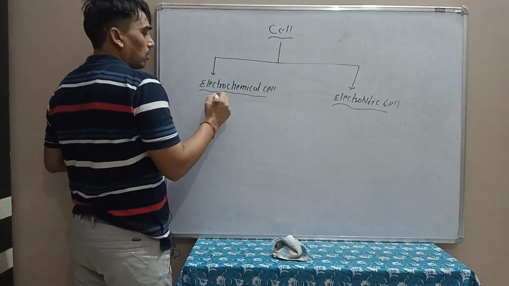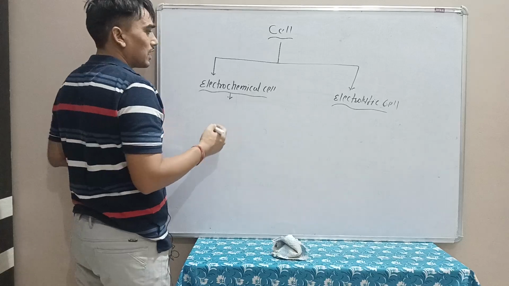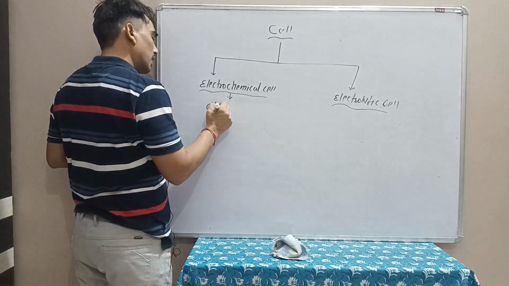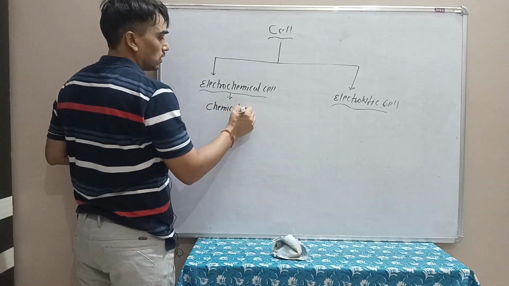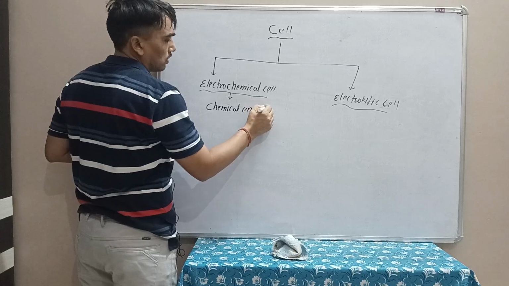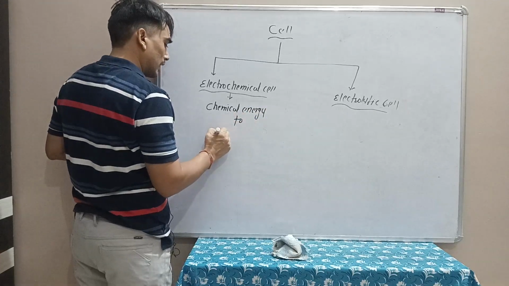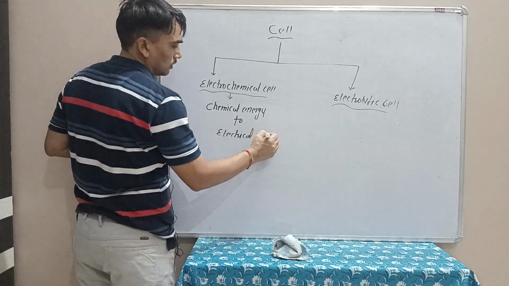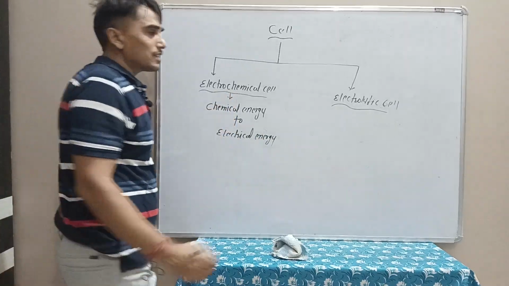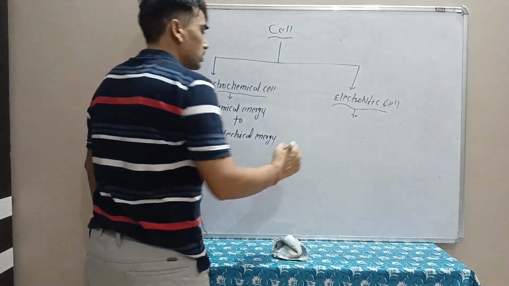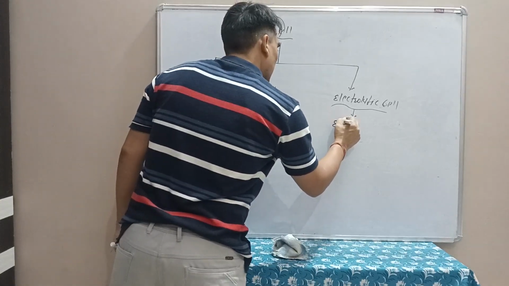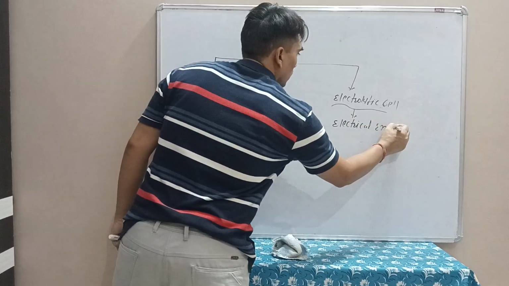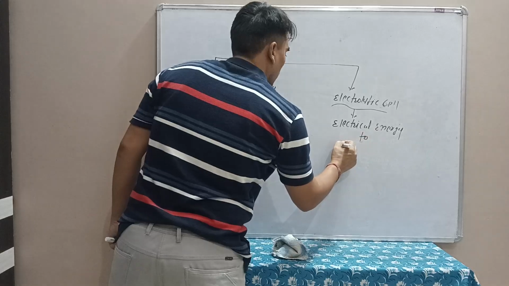Dear students, we can talk about these electrochemical cells. Electrochemical cells are those cells which convert chemical energy to electrical energy, and electrolytic cells are those cells which convert electrical energy to chemical energy.